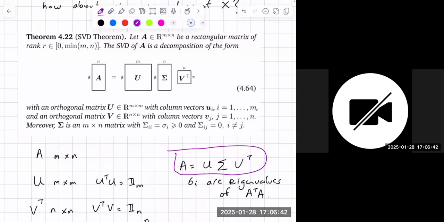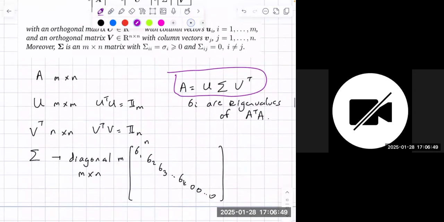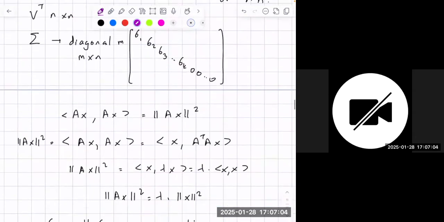Let's say the first vector of this guy is corresponding to the first singular value, right? Sigma 1 is going to correspond to the first thing here. That means that direction is where your matrix is the most dominant, for example. Okay, let's go back to the picture.